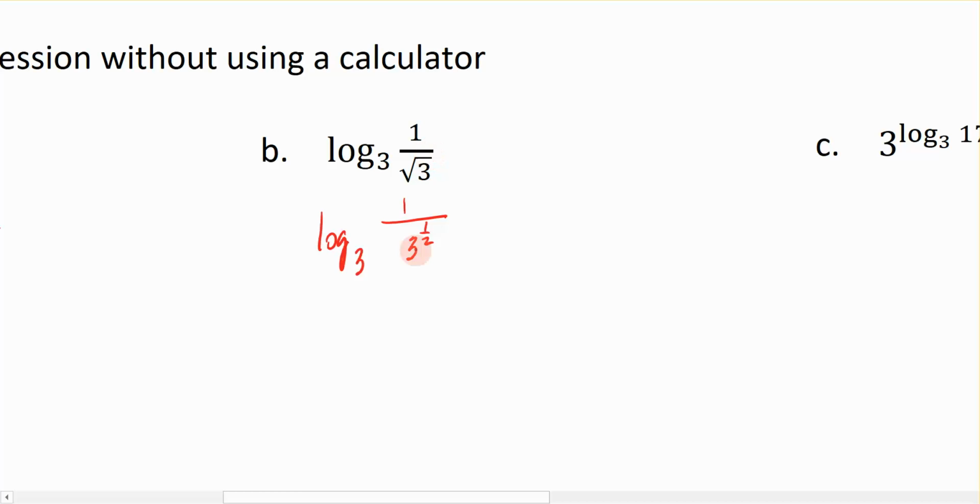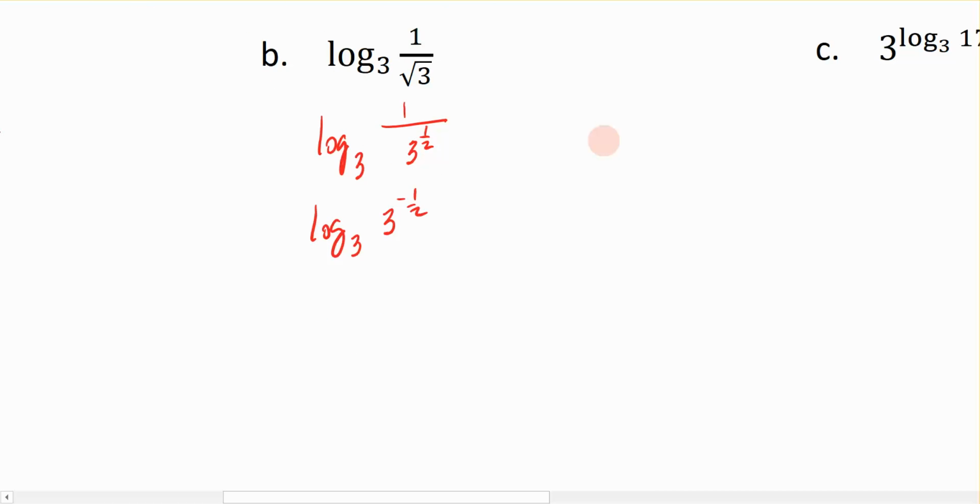Now we're going to use our rules of exponents that say that if I move a number from the denominator to the numerator, it's going to change the sign on the exponent. So this is log base 3 of 3 to the negative 1/2, because this base 3 moved up into the numerator position, which means the sign of its exponent has to change to a negative.